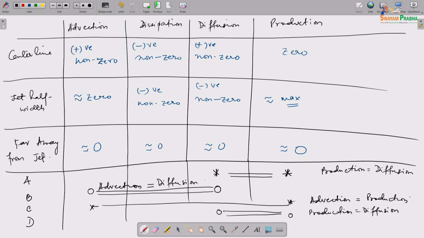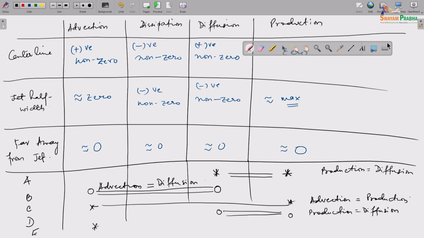At the point E, advection is the same as diffusion.